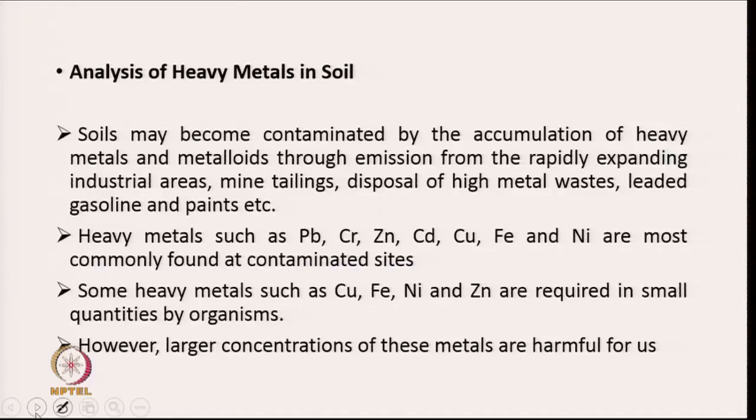So, it is very important to analyze the soil to look at what contents are available in it.